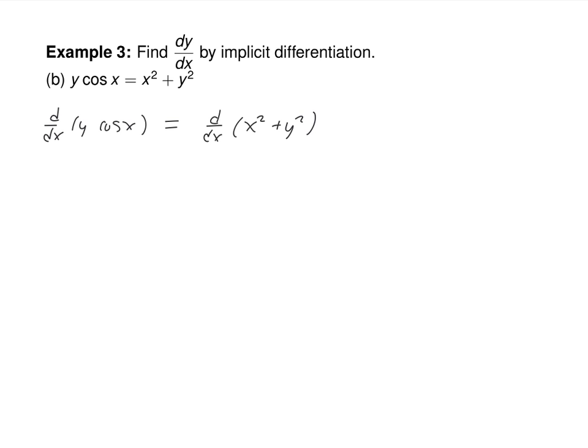Okay. So let's use the product rule. If you differentiate the y, you get 1 dy dx. The cosine x remains unchanged, right? Then what comes next? Y times negative sine x. Very good. Equals.